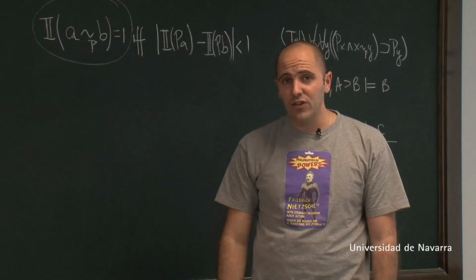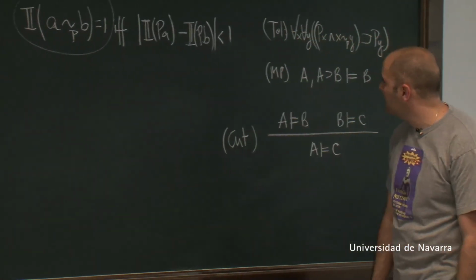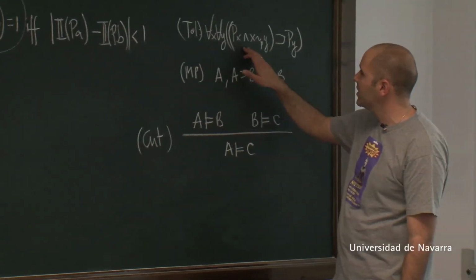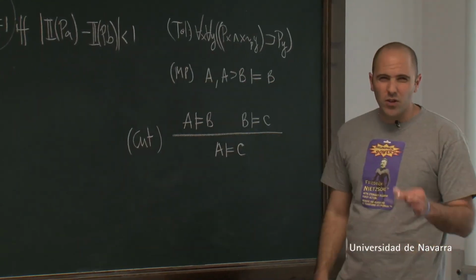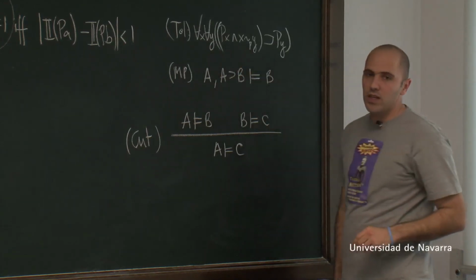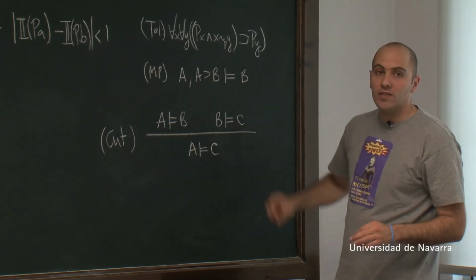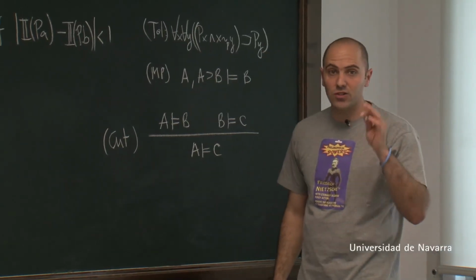With this very small introduction into the logic, we have some very nice results. First, the tolerance principle: for any x and y, if x is P and x is similar to y, then y is P, is actually ST valid.